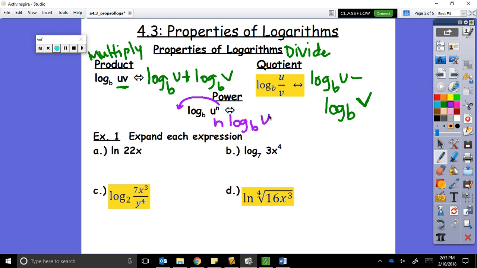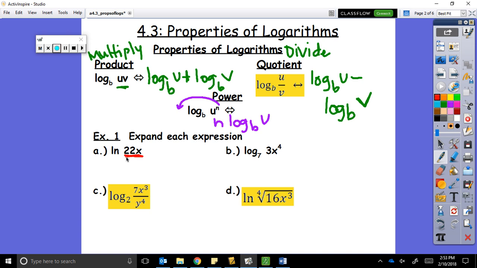Okay, so now we're going to start breaking these apart, and let's look at a couple of these examples right here. Okay, we're going to try some of these, okay? So first question you have to ask yourself is what's going on between this 22 and this x, okay?